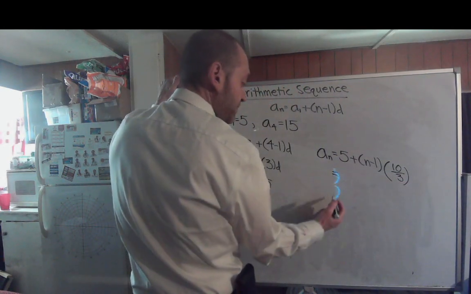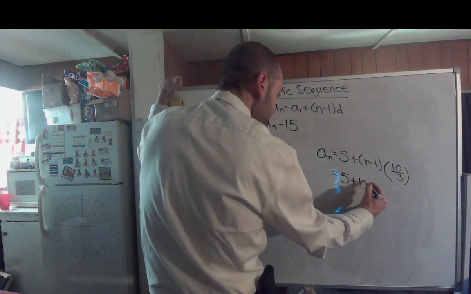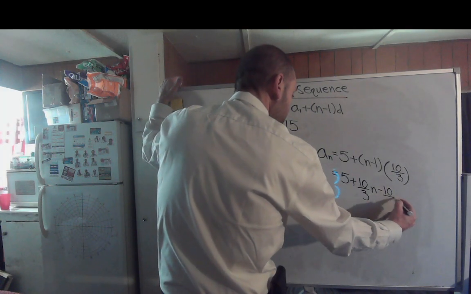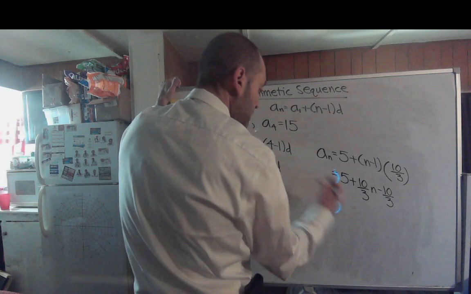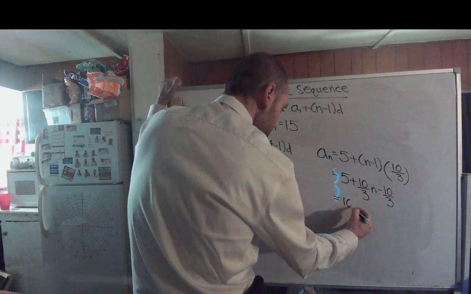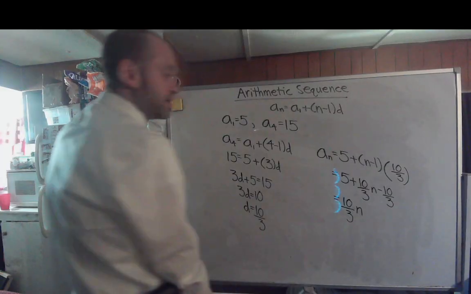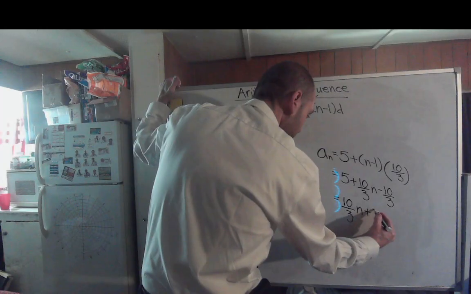So let's simplify this by distributing. You'll have 5 plus 10/3 n minus 10/3. Well, you'll still have 10/3 n for sure, but 5 minus 10/3, that's the same as 15/3 minus 10/3. That'd be plus 5/3.